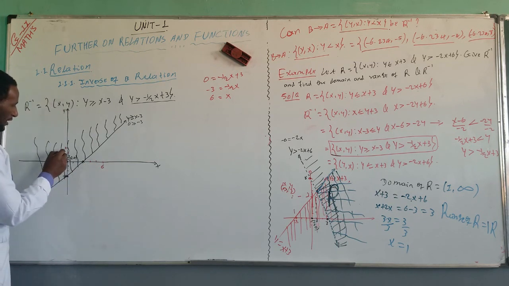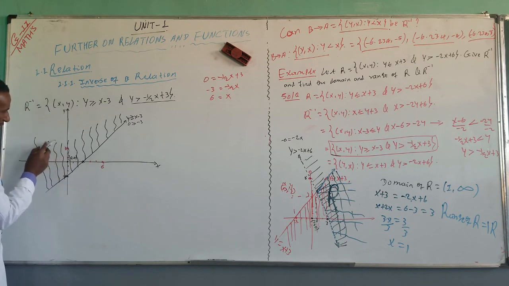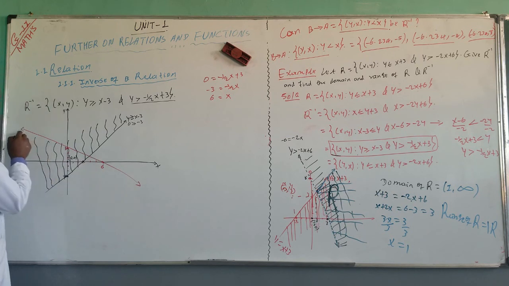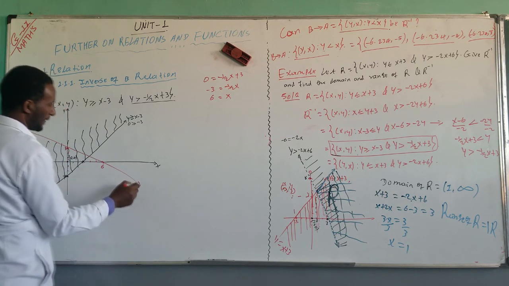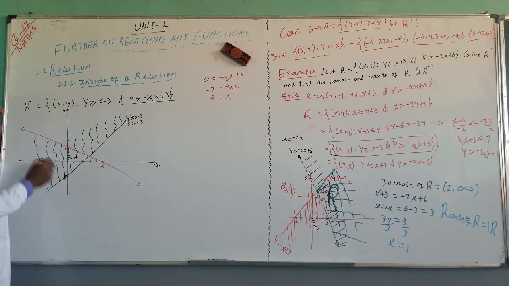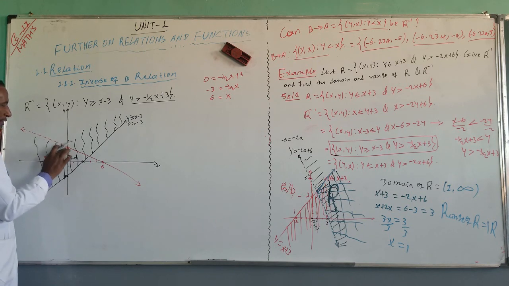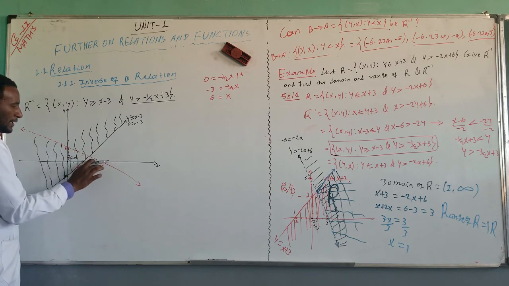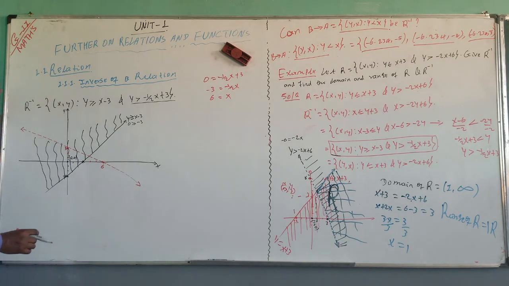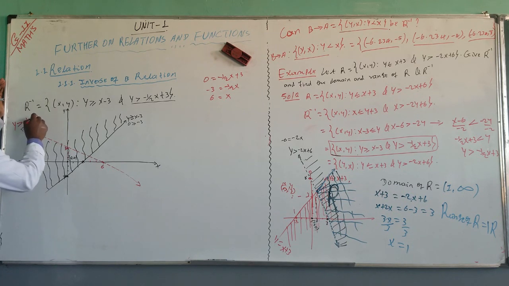Then we connect these two points by a straight line. This line must be broken, because the inequality does not include the points on the line.